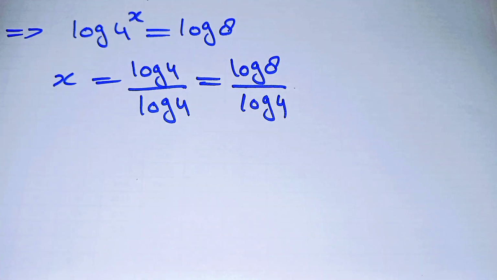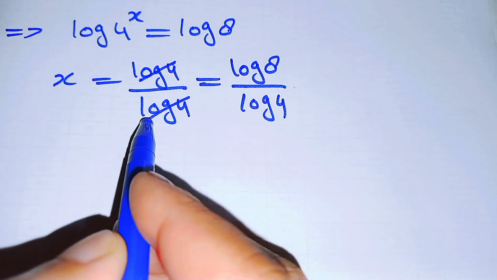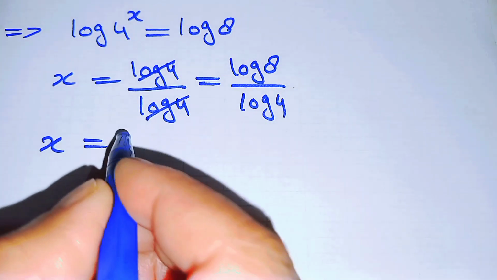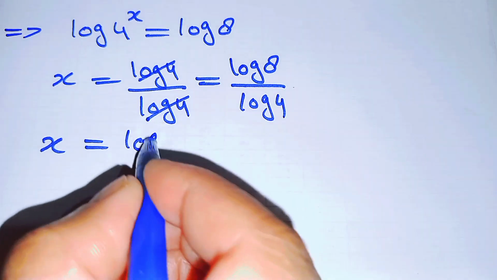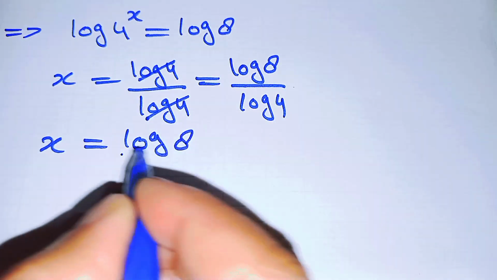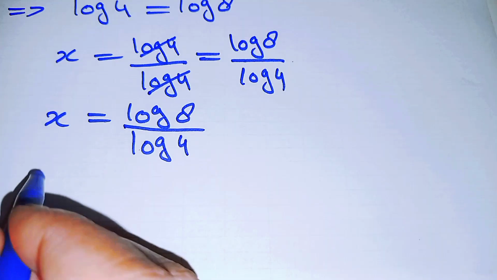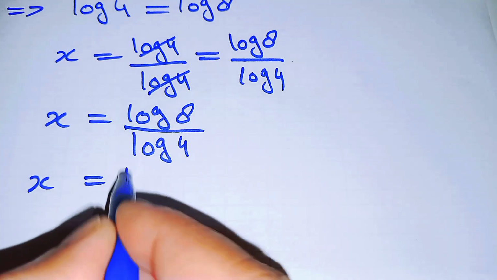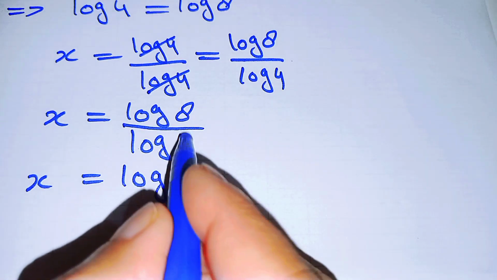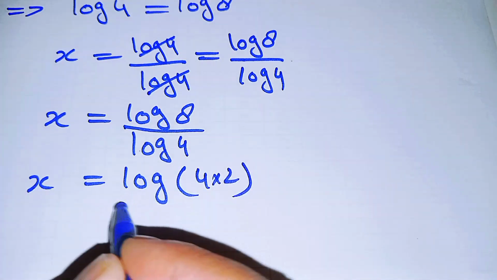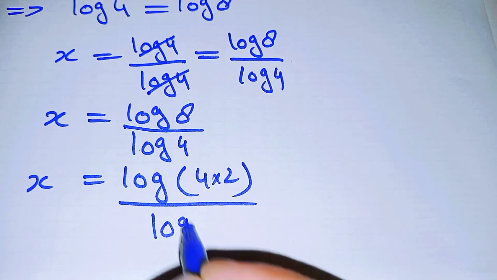The log 4 cancels out, and what remains is x is equal to log 8 over log 4. Here 8 can be written as 4 multiplied by 2, so x is equal to log of 4 times 2 over log 4.